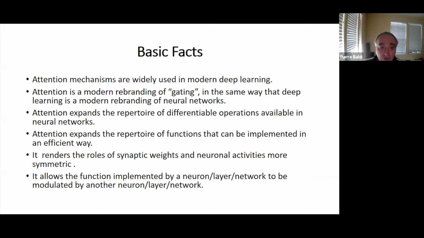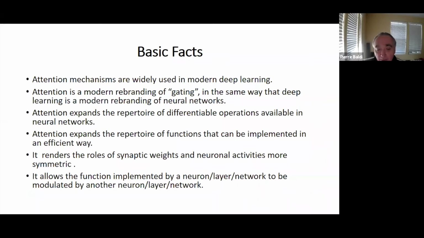Attention is a very useful idea. It expands the repertoire of differentiable operations available in neural networks. Differentiable is important because you want to learn by gradient descent, of course. And therefore, it also expands the repertoire of functions that can be implemented in an efficient way by a given architecture. Efficient is the key word here.